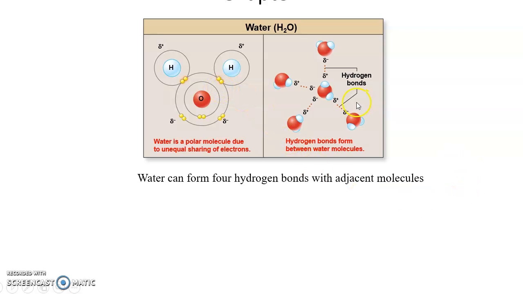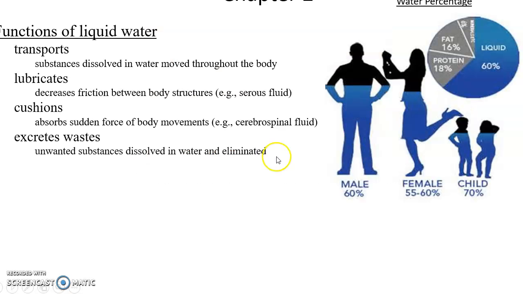So water, for instance, can form 4 hydrogen bonds with other waters. This means that there's actually some tension, some strength in water just because of the hydrogen bonds to adjacent water molecules. Water has a lot of functions. It can transport things that are dissolved in the water all throughout the body. It can lubricate parts of the body to decrease friction.